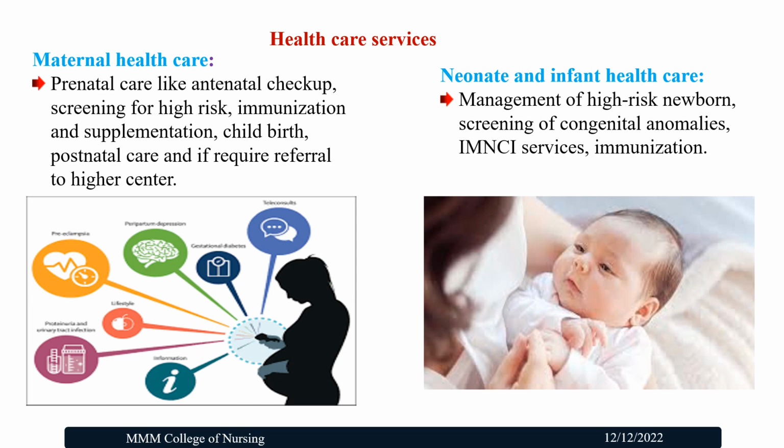The healthcare services, first one, maternal health care. Maternal health care: prenatal care like antenatal checkup, screening for high risk, immunization and supplementation of iron and folic acid, childbirth, postnatal care and, if required, referral to higher center. Neonatal and infant health care: management of high risk newborn, screening of congenital anomalies, IMNCI services, immunization.